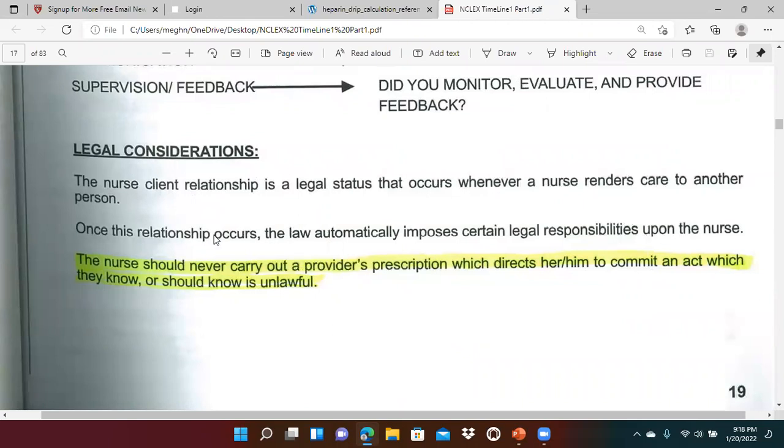Once this relationship occurs, the law automatically imposes certain legal responsibilities upon the nurse. The nurse should never carry out a provider's prescription which directs her or him to commit an act which they know or should know is unlawful.